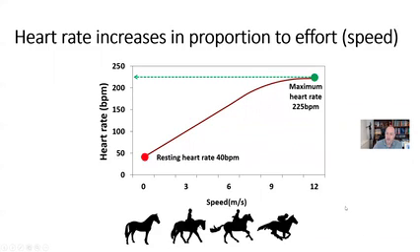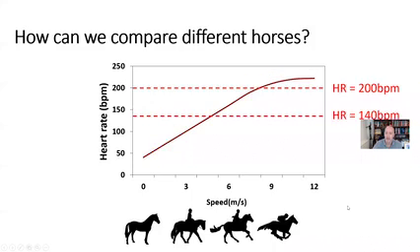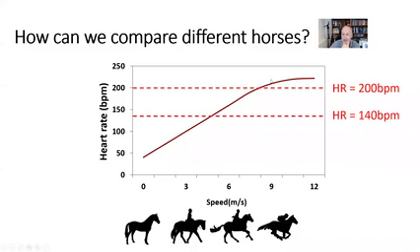But what else can we describe about this line? What happens if we had a different horse that had a different relationship and we wanted to compare the two? Well, this is where we use two different heart rates to describe what's going on in these lines. You'll perhaps have heard some of these terms when we actually explain what we're looking at.